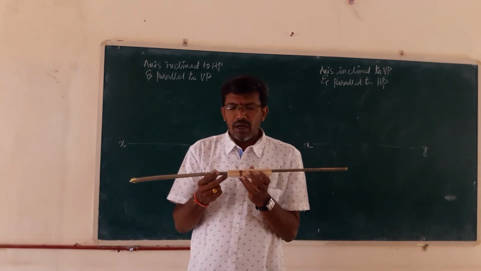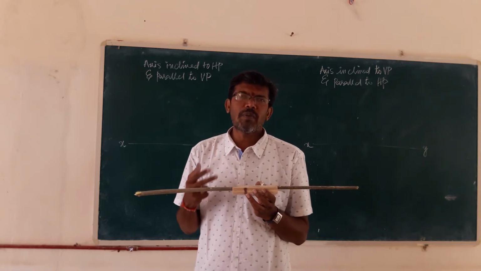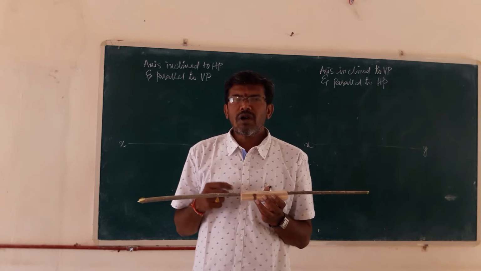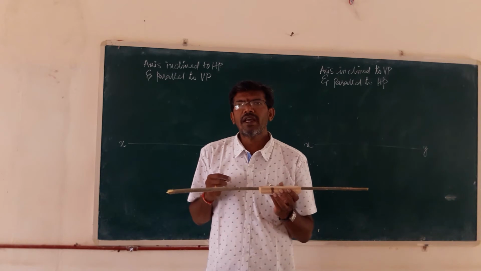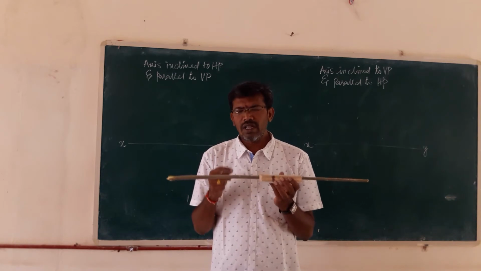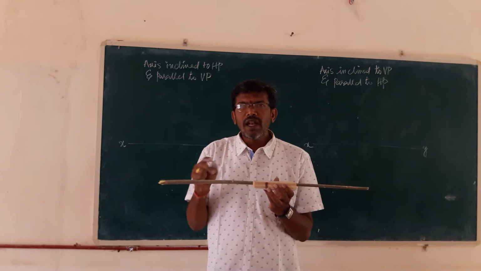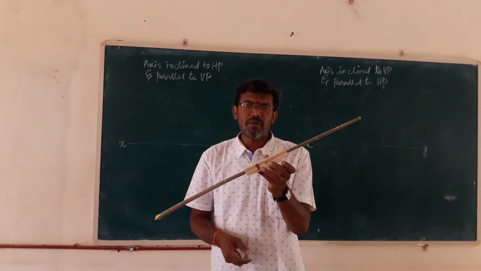So in the previous cases, that is line inclined to the planes, what we have seen is when a line is inclined to the horizontal plane, the first assumption that we have taken is that the line is parallel to both the planes. And then next what we did is we made the inclination with the horizontal plane.